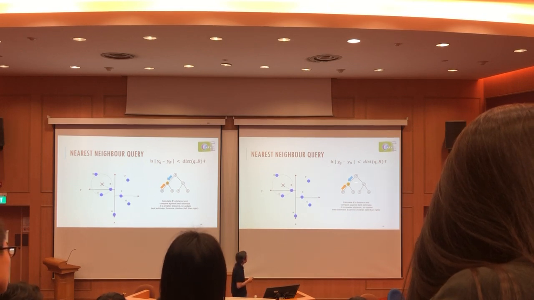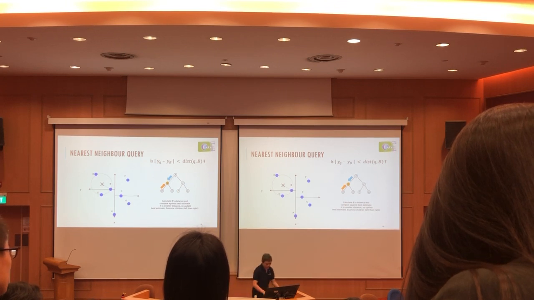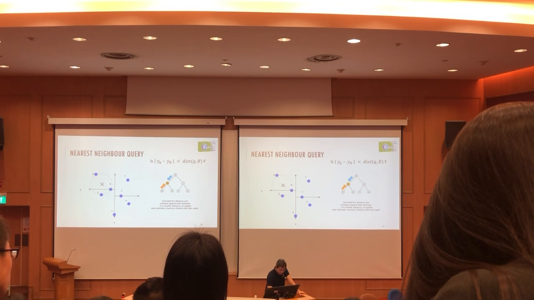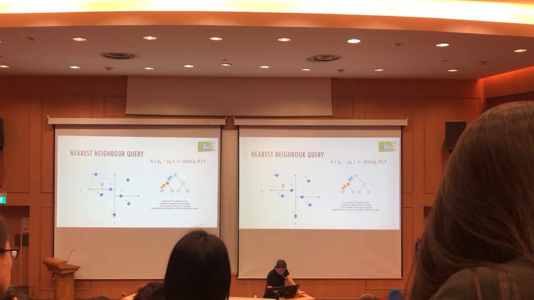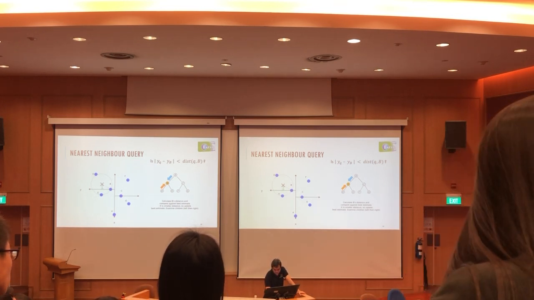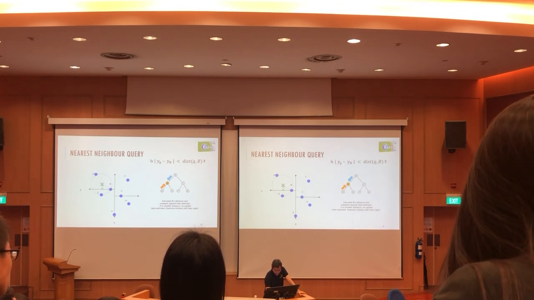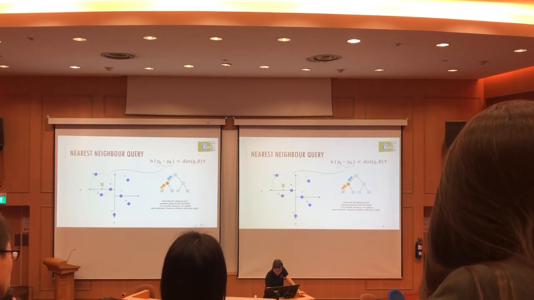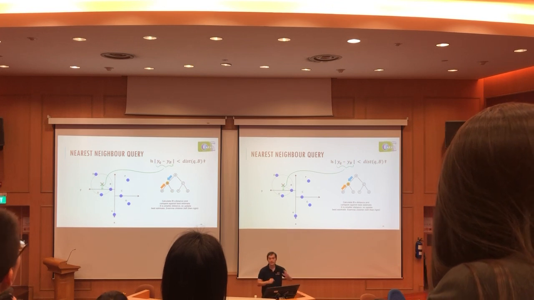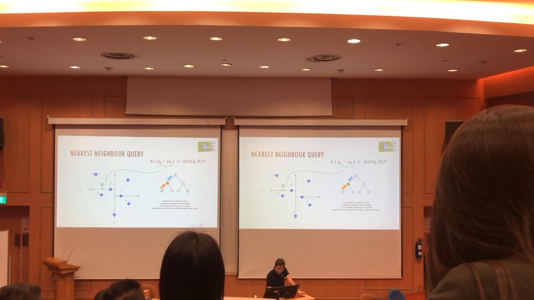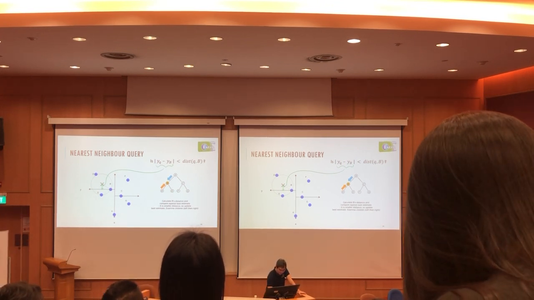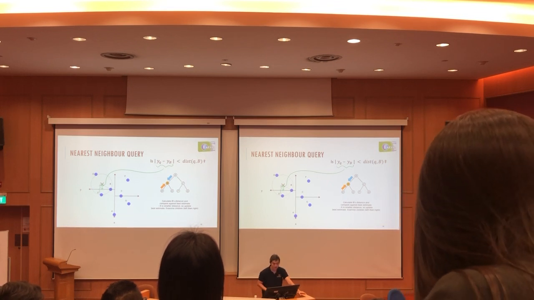Remember, the splitting coordinate here is Y. I check whether the query, let me draw this out. This is this distance. That's just that distance. Is that smaller than this distance?